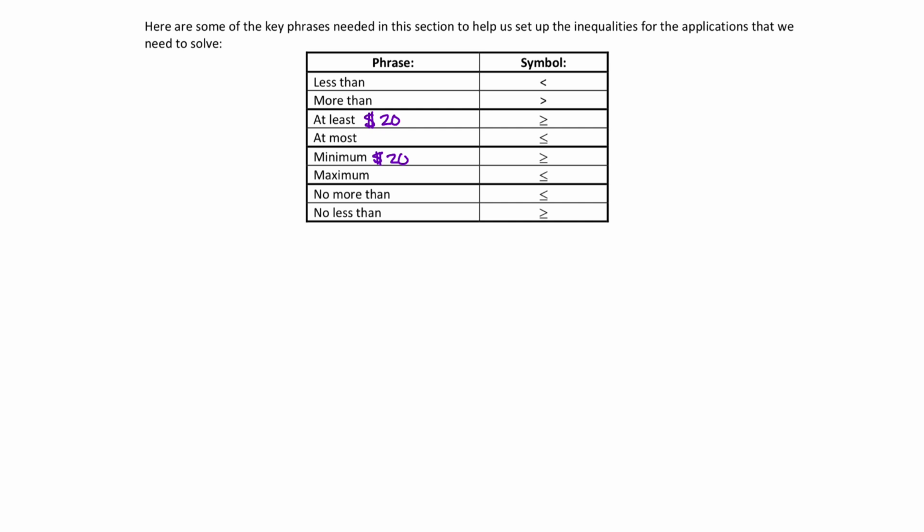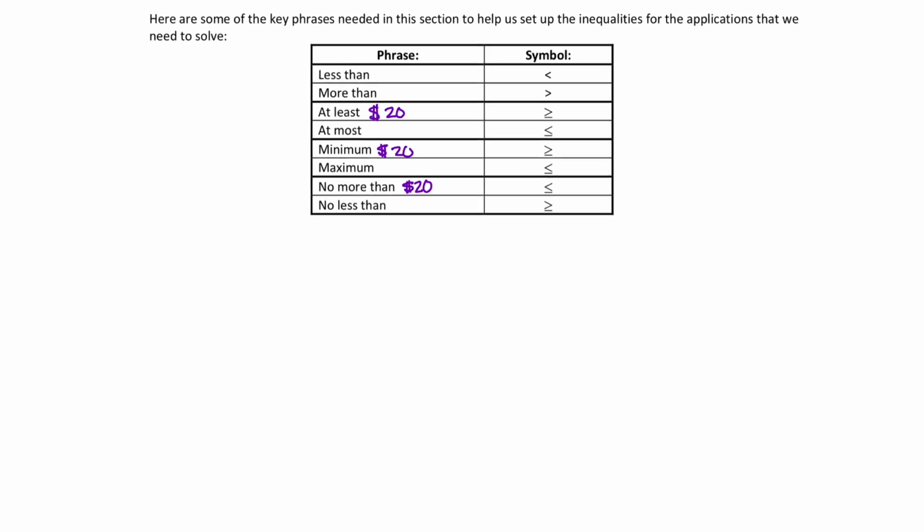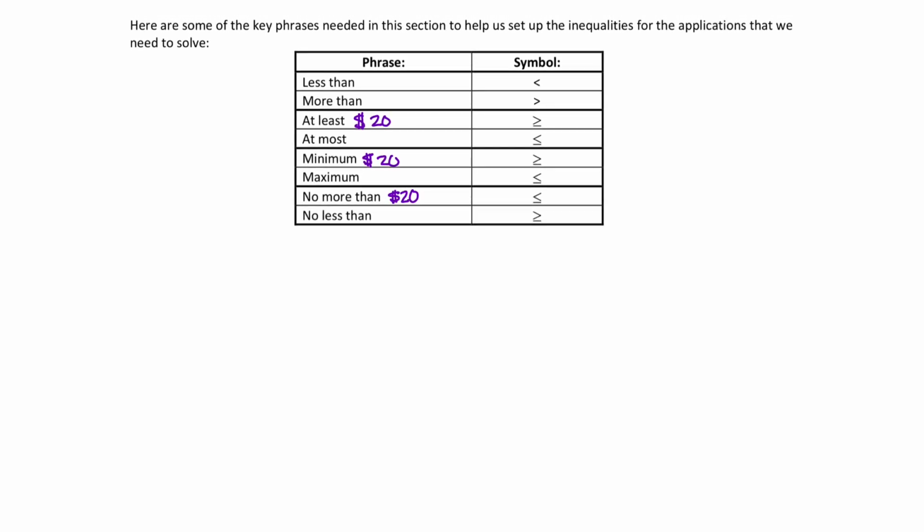No more than 20 means you could have 20, but you can't have more than that, so it's going to be a less than or equal to. So just think logically and in real life terms which phrase you're going to need or which symbol you're going to need for your phrase, right? And we'll go over that as we see these.